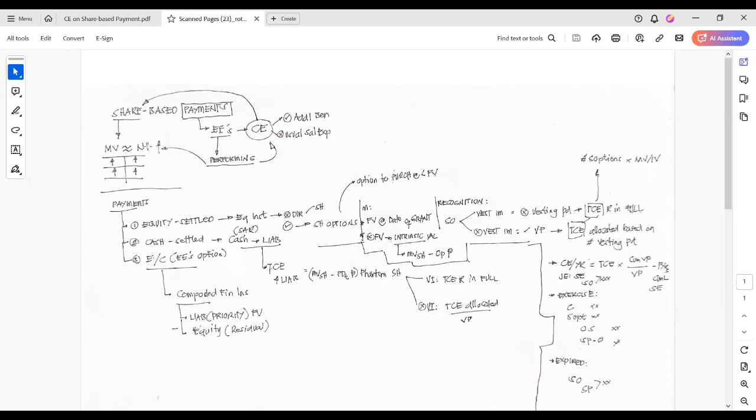If the net income is high, the market value of the share is also high. On the other hand, if the net income is low, the market value of the share is also low. That is why it is tied to the share. Why? When does the net income of the company increase? When the employees perform.